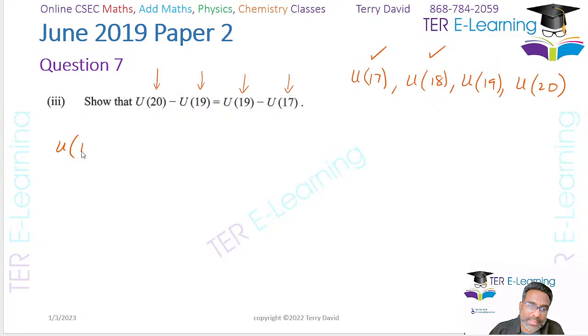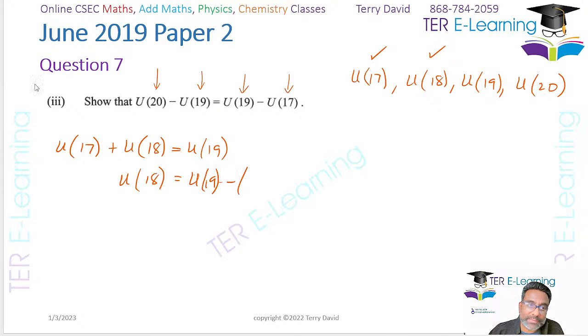So U17 plus U18, I'm going to get U19, right? So that's one expression I can say for sure. So U18 is simply going to be U19 minus U17.